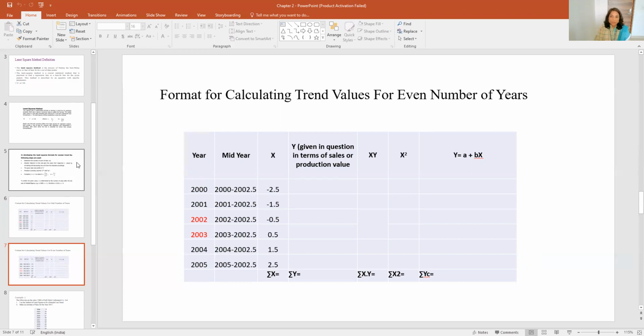So in even number of years, you can directly memorize that the mid 2 years will be marked as minus 0.5 and 0.5. Above that, it will be minus 1.5, minus 2.5. Below that, it will be 1.5 and 2.5. The rest of the process will be the same.